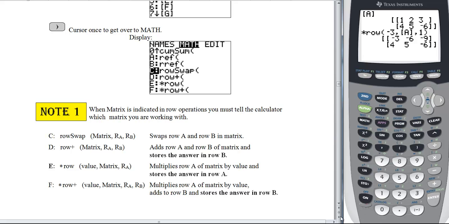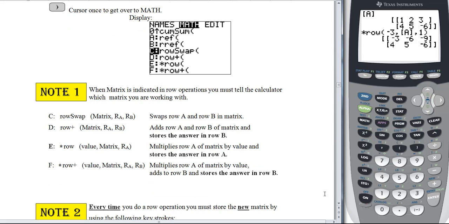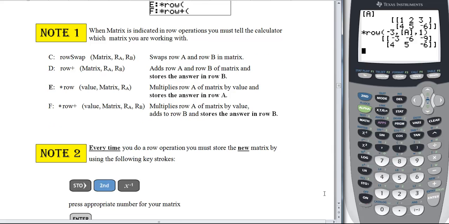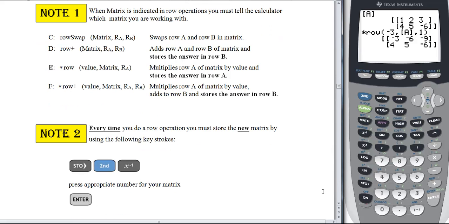Now there is another note over here. Every time you do a row operation, you must store the new matrix by using the following keystrokes. I'm going to have to do second, undo that.